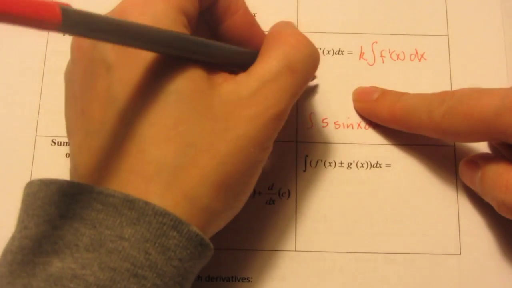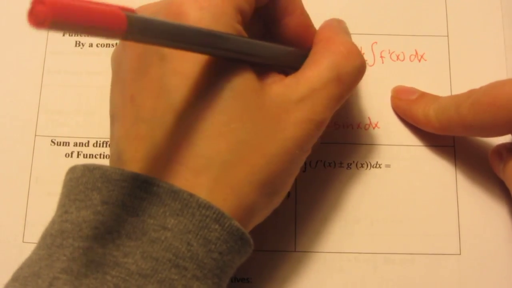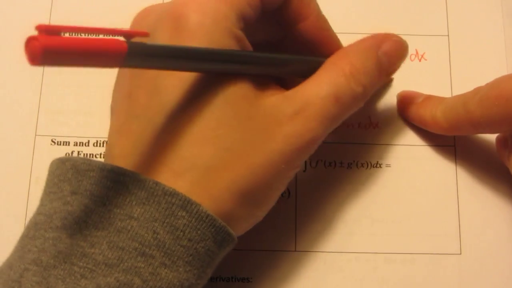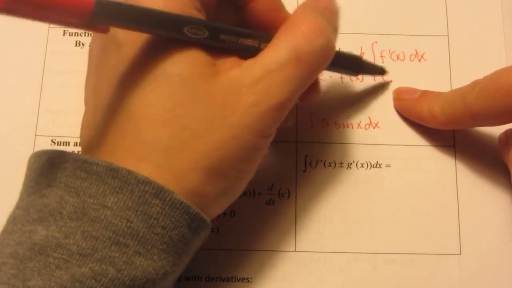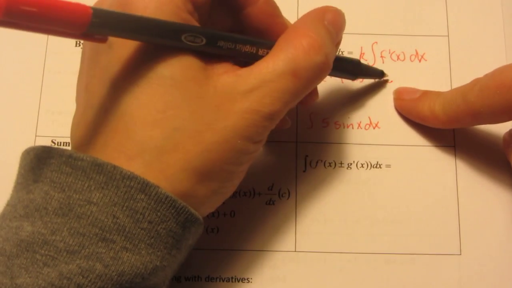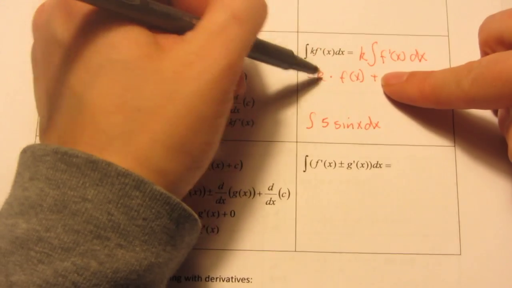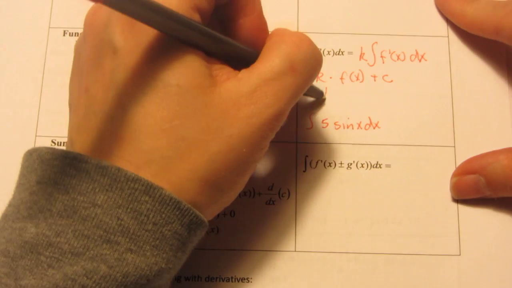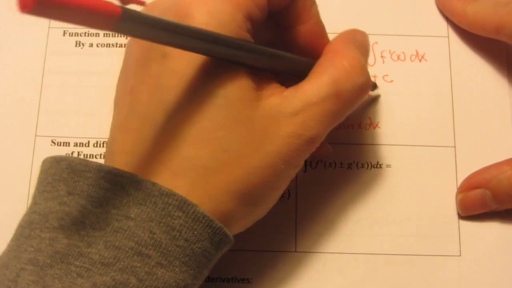And then it's just going to be k times f of x plus some constant. And even if I put parentheses around this and distributed the k, it just produces another constant c, so it really doesn't matter what this is. It does not get affected in the same way. So in this case, it just becomes k f of x plus c.